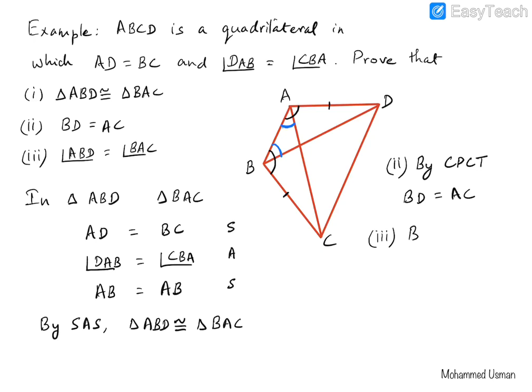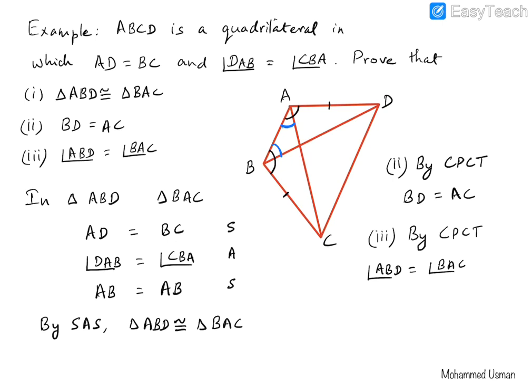So by CPCT, angle ABD equals angle BAC. So once we prove that the two triangles are congruent, we can then proceed to prove the other sides and angles are equal by applying the CPCT rule, which is the corresponding parts of congruent triangles.